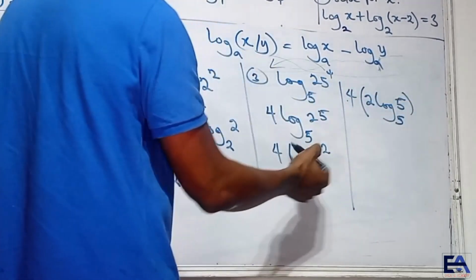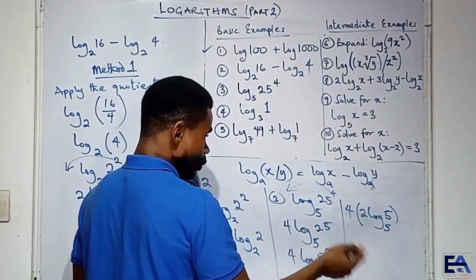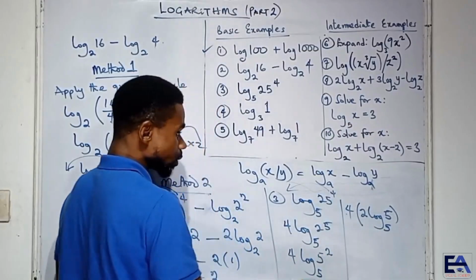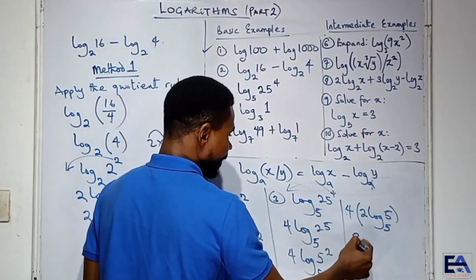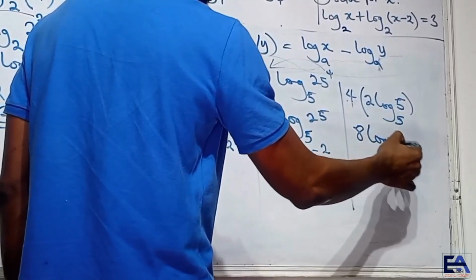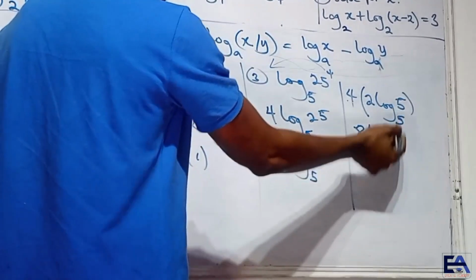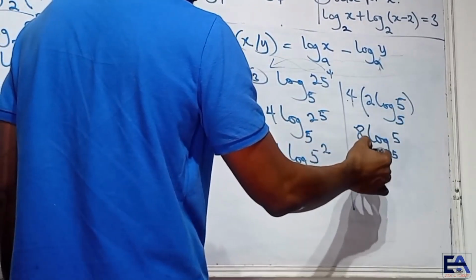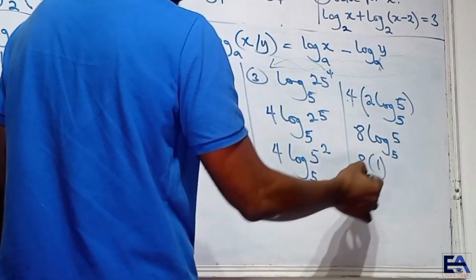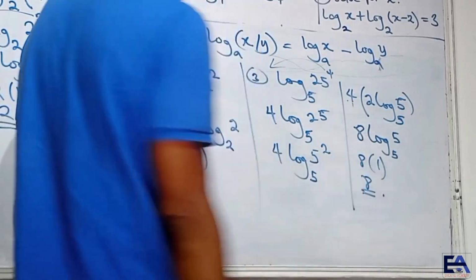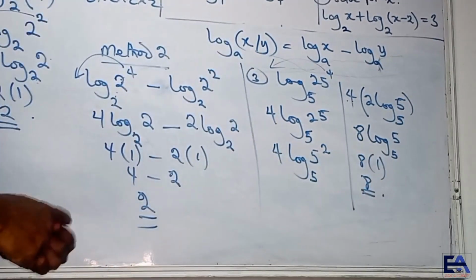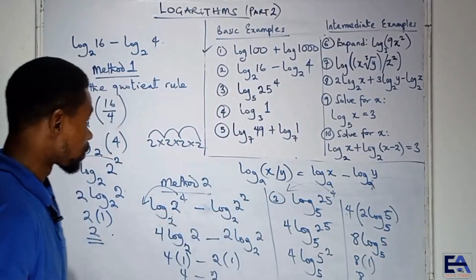We only have to put the brackets to separate them, so we don't get things mixed up. Now 4 times 2 will give us 8. So we now have 8 log 5 to base 5. Since they are the same, that will be 1. And at the end of the day, the final answer is 8 for question number 3.